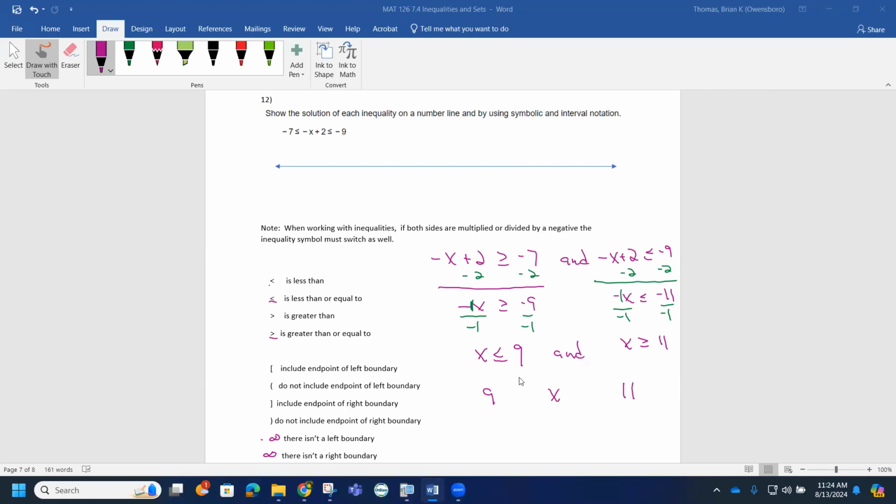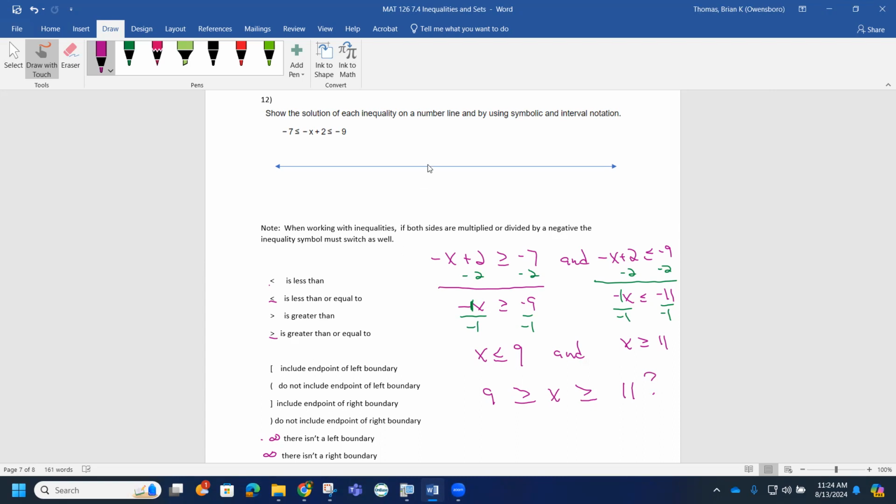What this is saying is x has to be less than or equal to 9, but at the same time, it's got to be greater than or equal to 11. This sounds a little weird.